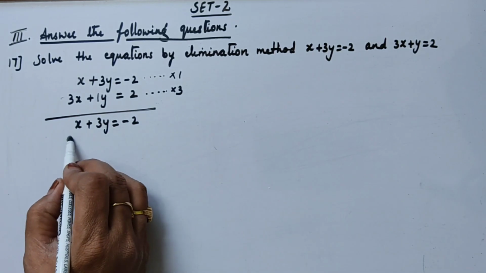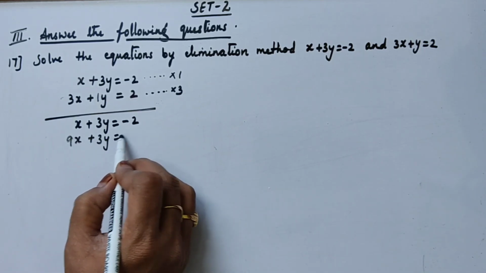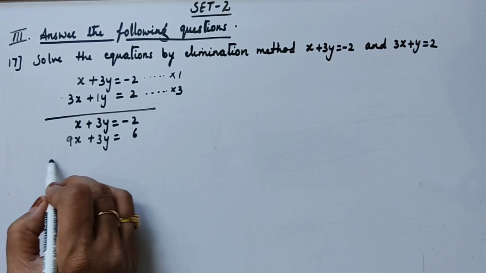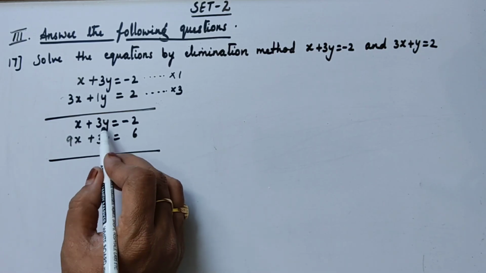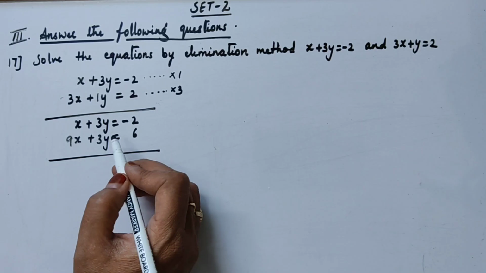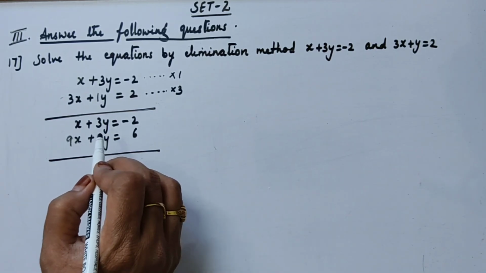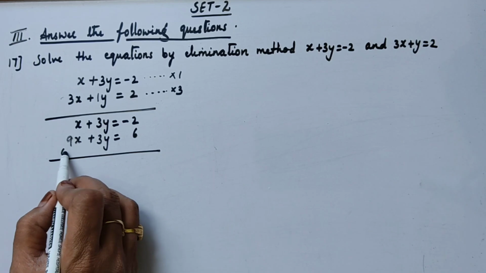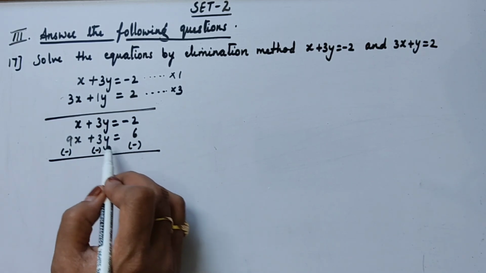Okay, 3 3s are 9x plus 1 3s are 3y equals to 3 2s are 6. Now you can see we have got equal coefficients. Now this is not possible to cancel. To cancel this, I need to change the sign. We have got here plus, let me write minus here. There's a plus, minus, there's a plus here, minus.